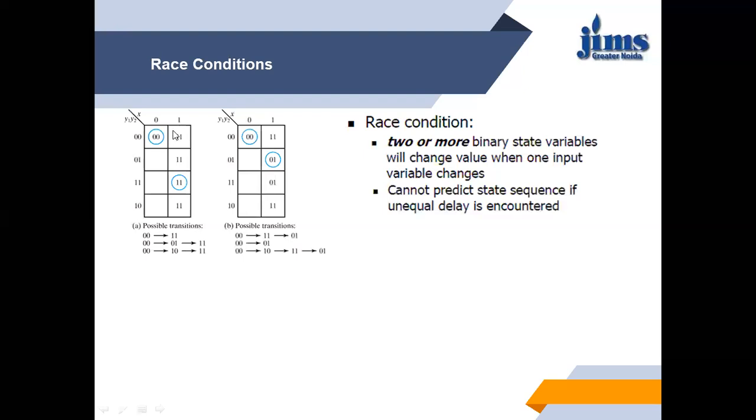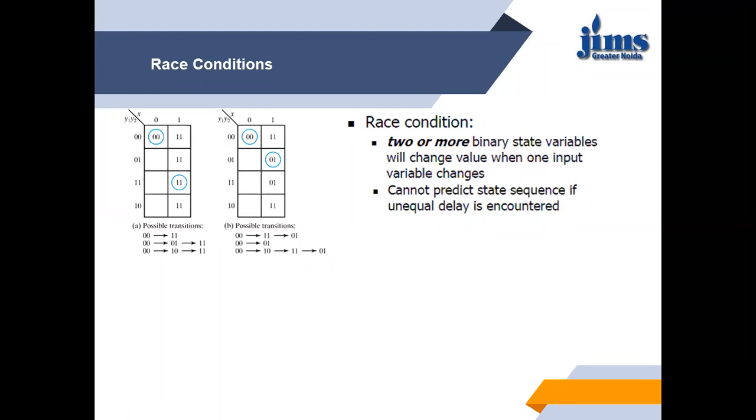Then the next state will be 1 1, and this 1 1 is an unstable state. After some time, the present state will be 1 1, and it moves to the third row, where 1 1 is a stable state, and the circuit will stay in the 1 1 condition.